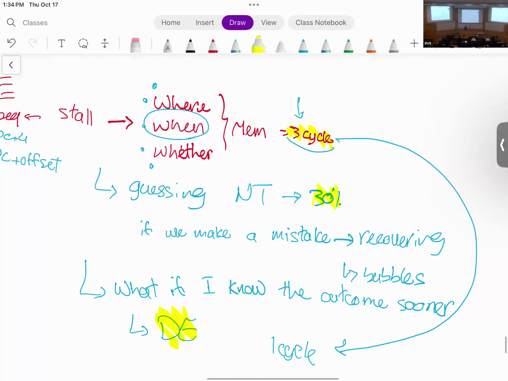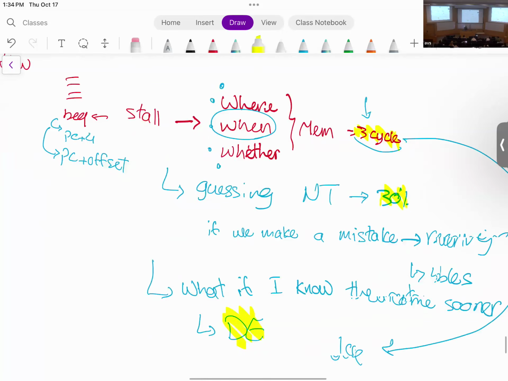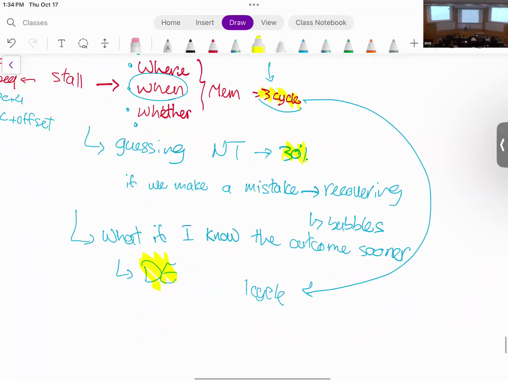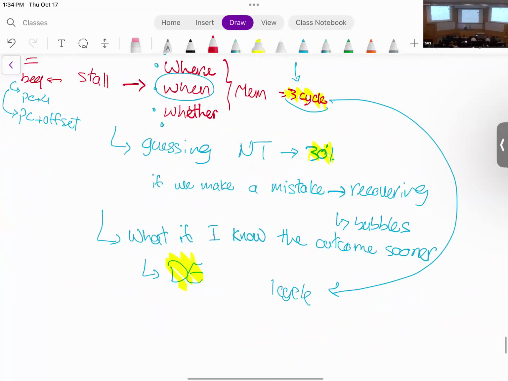And then the last piece of housekeeping that we needed to do was this unfortunately creates a new problem for us, and that was the RAW data hazard that I described here.